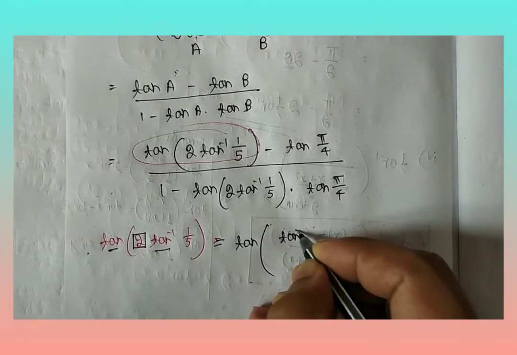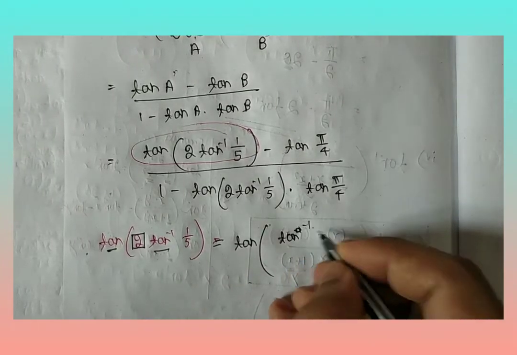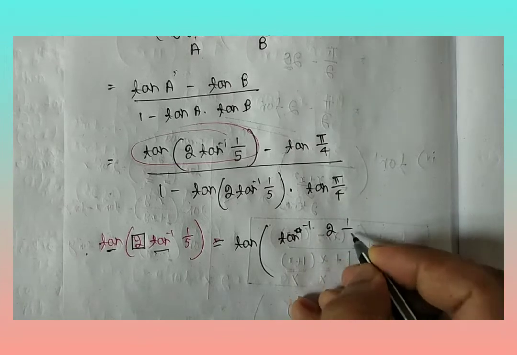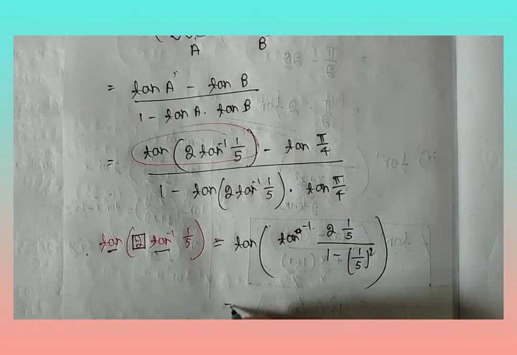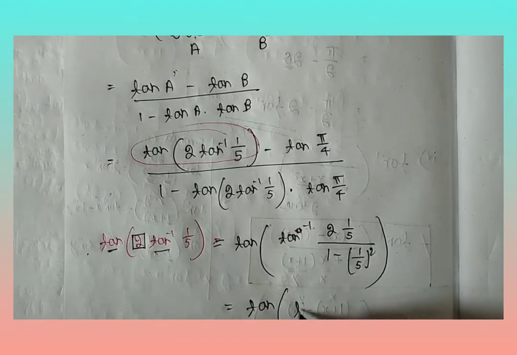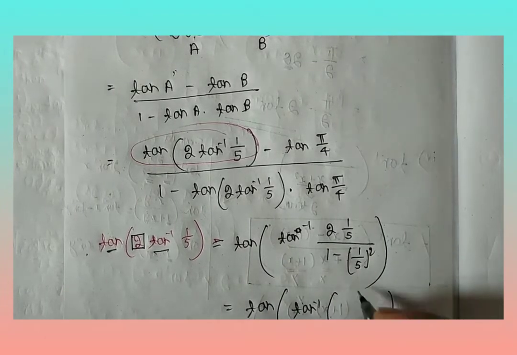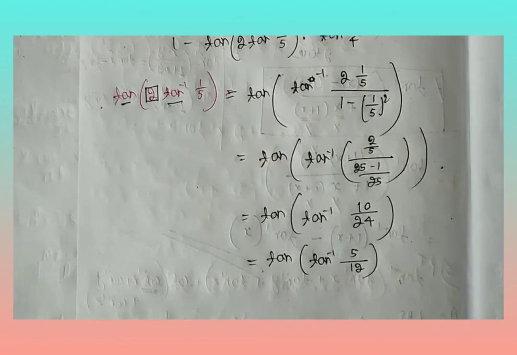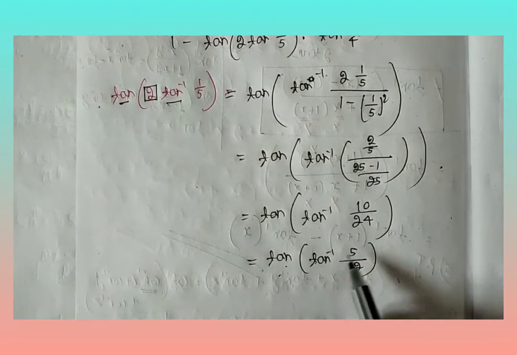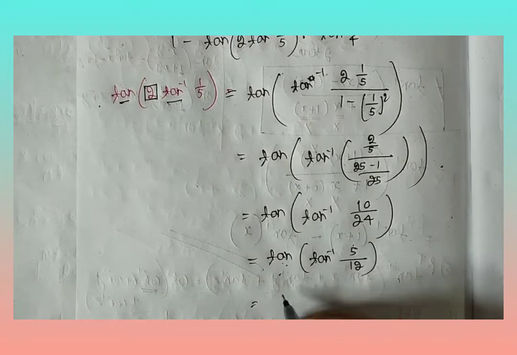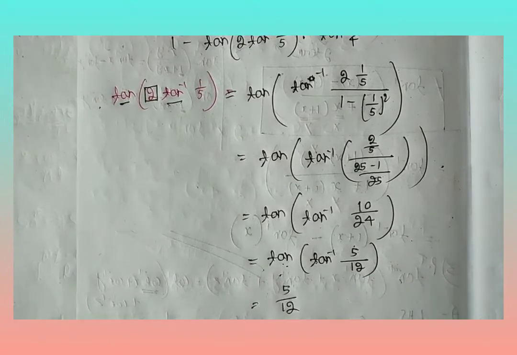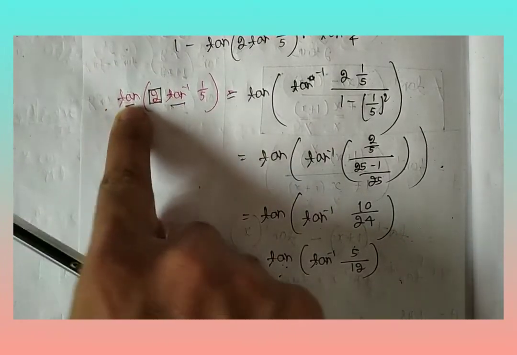Tan inverse 2 times A divided by 1 minus A square. Tan of tan inverse. Simplify it. After simplification, we will get tan of tan inverse 5 by 12. Now we cancel tan with tan inverse. We will get only 5 by 12. That means the value of this term is 5 by 12.